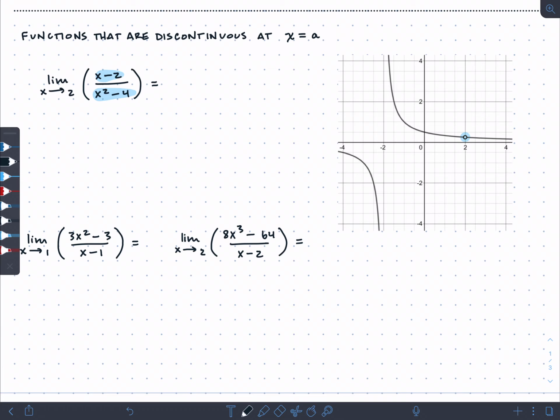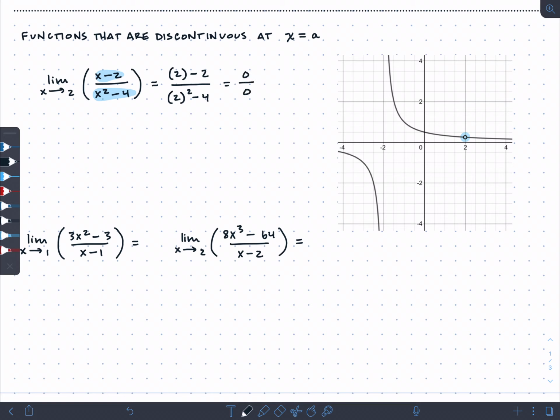So we notice that if we plug in 2, for x, sorry, that should be squared, we end up with this indeterminate form, 0 over 0.